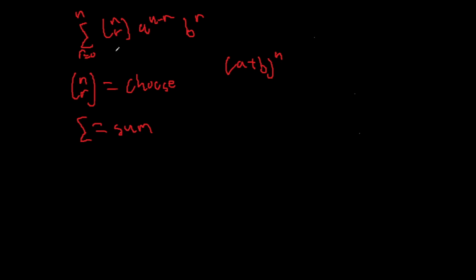So if you were given a problem, and I'm gonna erase all this, and it wanted you to expand 2 plus 3 to the 5, let's say to the fourth term when r equals 4.